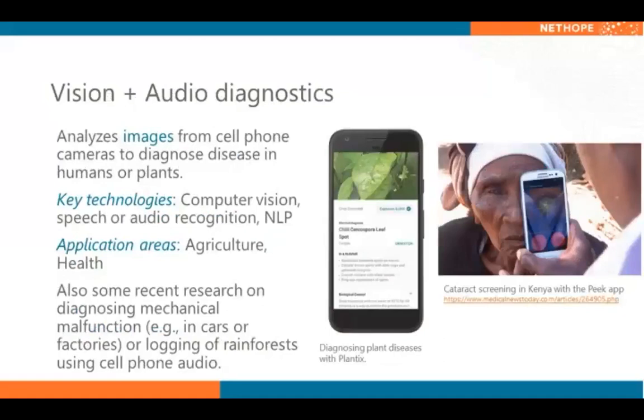The app on the left side is using images from a smartphone of an individual plant leaf to diagnose pests or specific diseases. This is an app called Plantix, and it's able to identify patterns. Again, this has been trained on historical data of pests present in different crops, so it can identify those pests based on the patterns that have been fed into it.